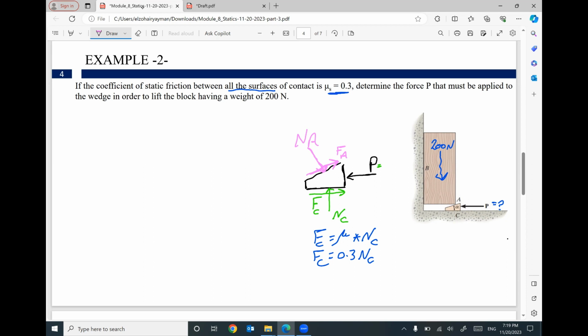Do you have any question so far? Keep in your mind also this friction force at A will equal mu times capital N at A. So FA will equal 0.3 NA because the value of mu is 0.3.